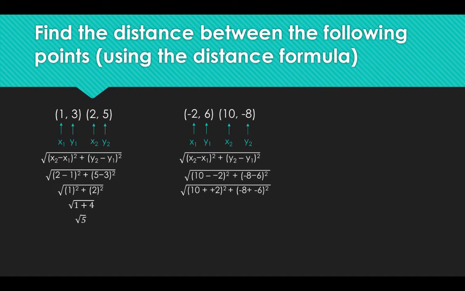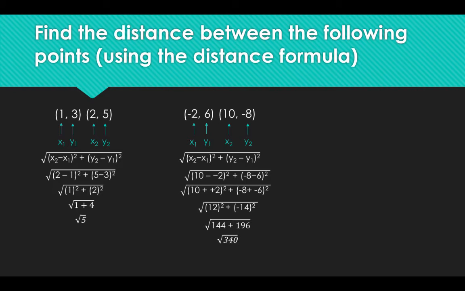So 10 plus a +2 and -8 plus a -6. 10 plus 2 is 12. -8 plus -6 is -14. So I have the square root of 12 squared plus -14 squared. 12 squared is 144 and -14 quantity squared, so the negative is included, is a +196.